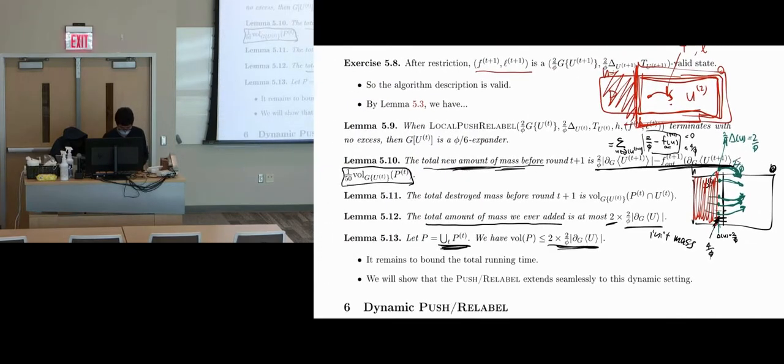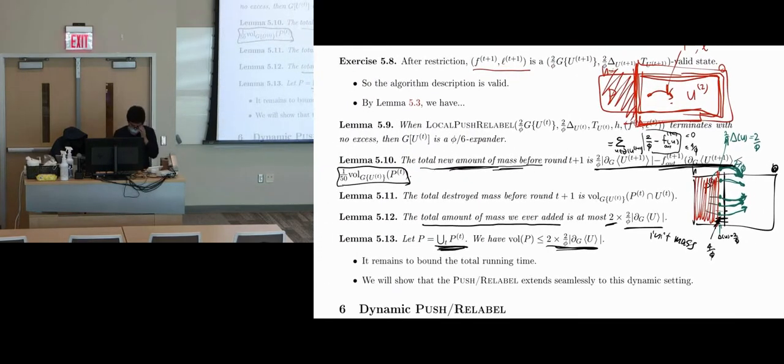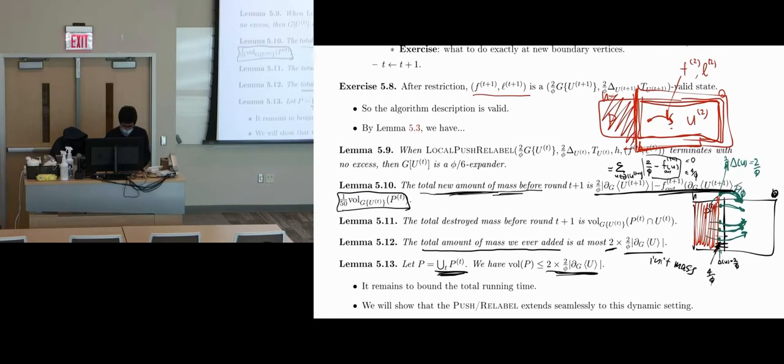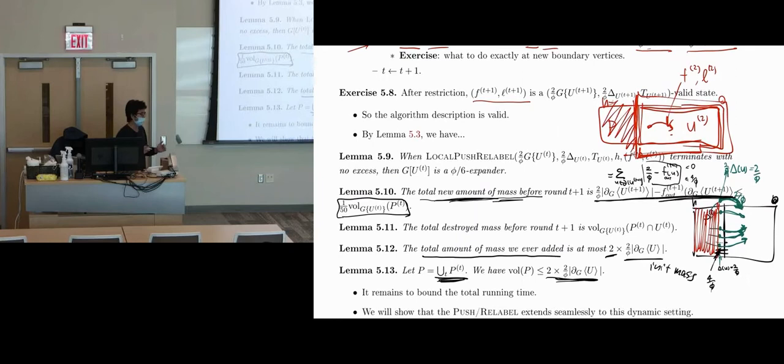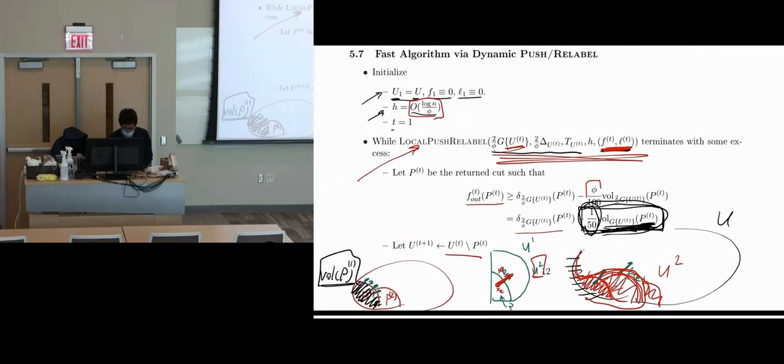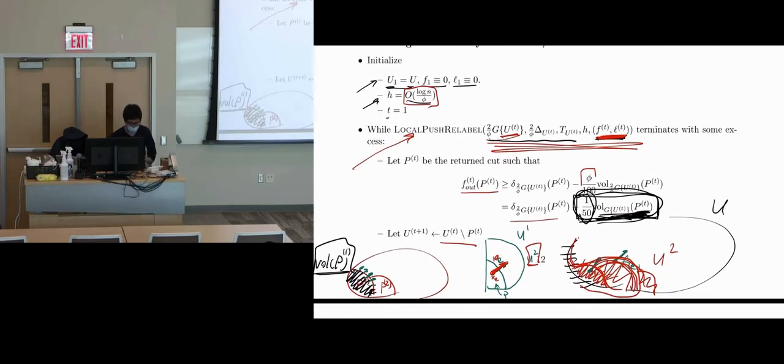Okay. So you see that the total thing that we prune is small. And why is that? Because we design the algorithm in such a way that whenever we cut something out, we destroy a lot of mass, and we add not too much mass.